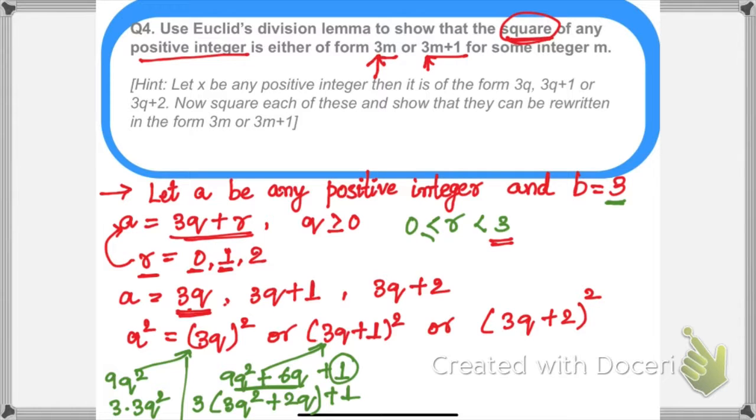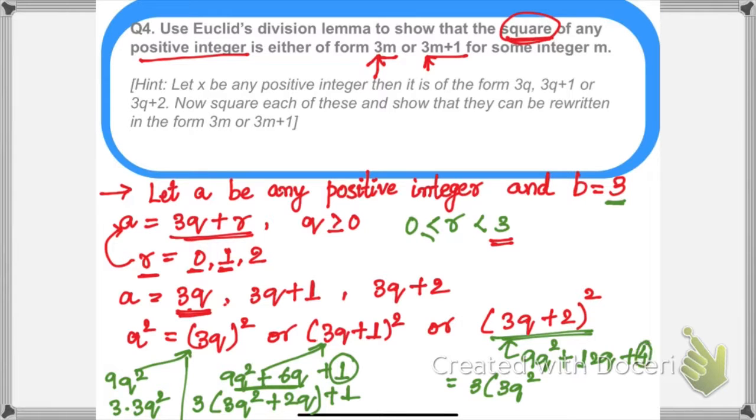Okay, now for this one what we can do, again this is (a plus b) whole square, that means you'll get here 9q square plus 12q plus 4. Now you can write it as 3 into 3q square.